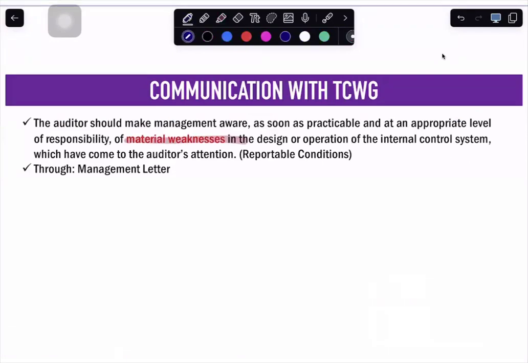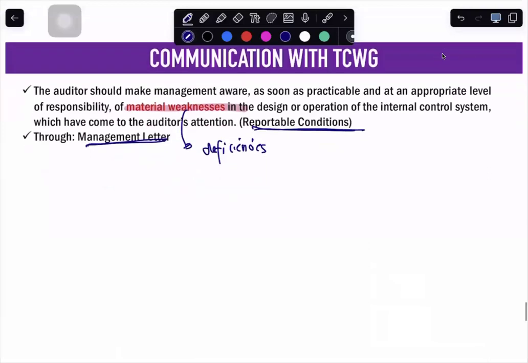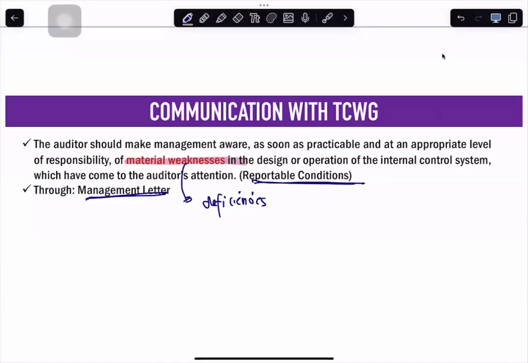We call these material weaknesses deficiencies, also known as reportable conditions. This must be communicated to the management through a management letter.